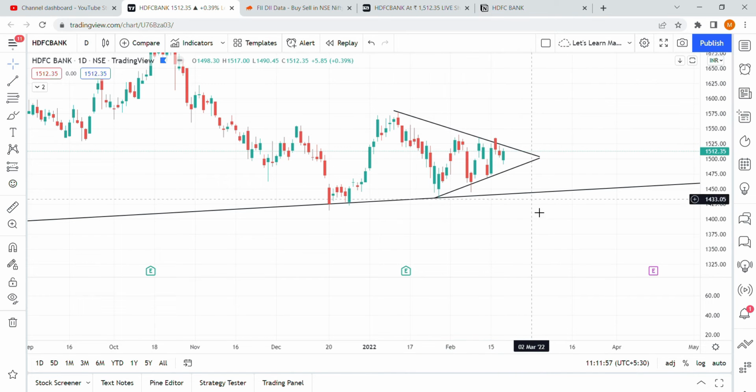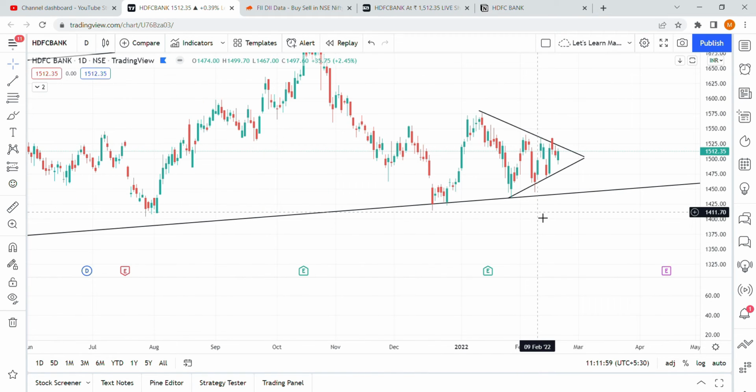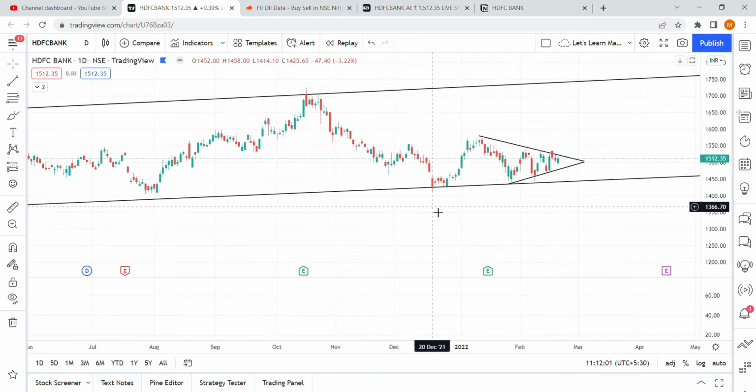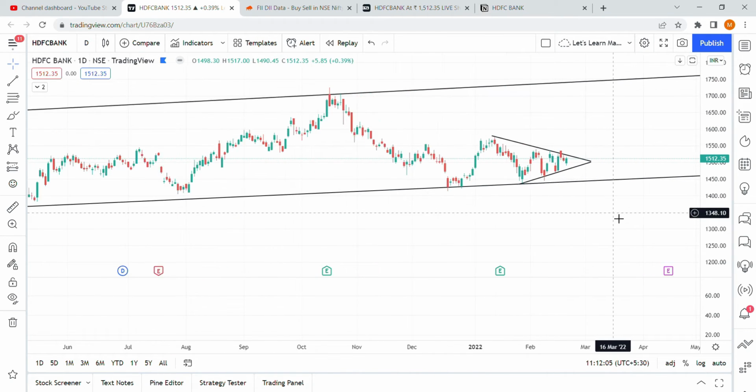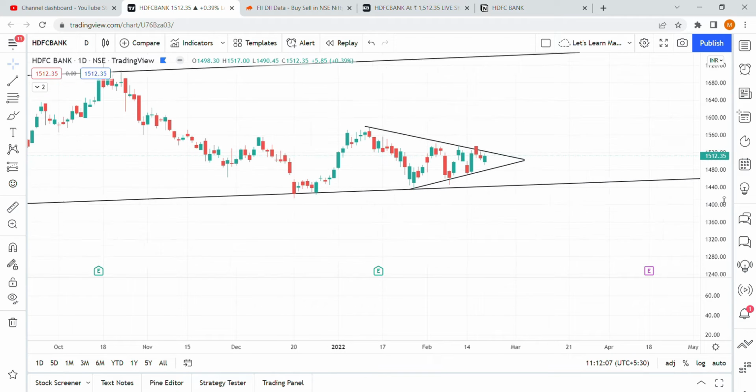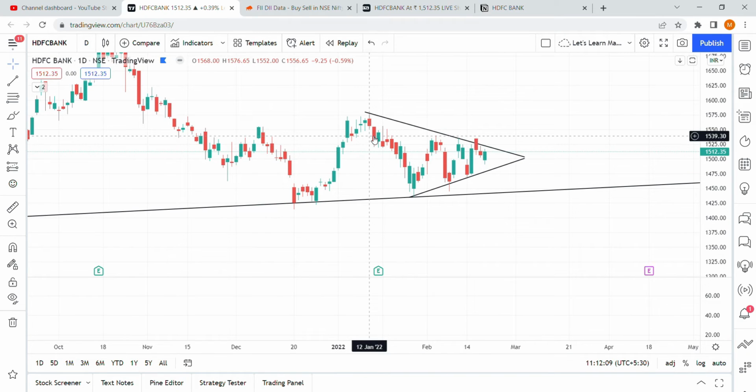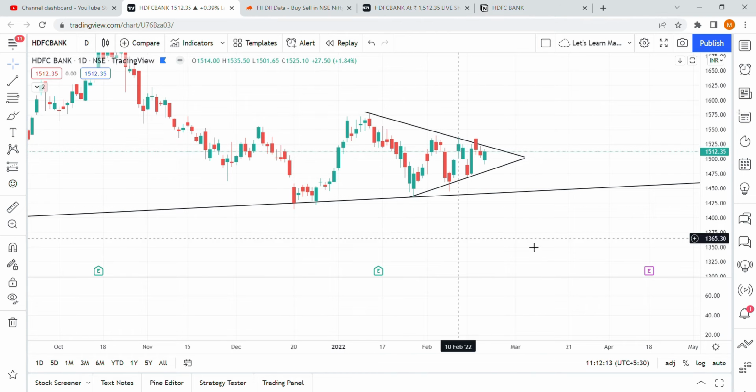Now what is happening is, on the longer time frame we have the zone levels marked up, and in the shorter time frame as well, right from 12th January 2022, we have found a pattern.